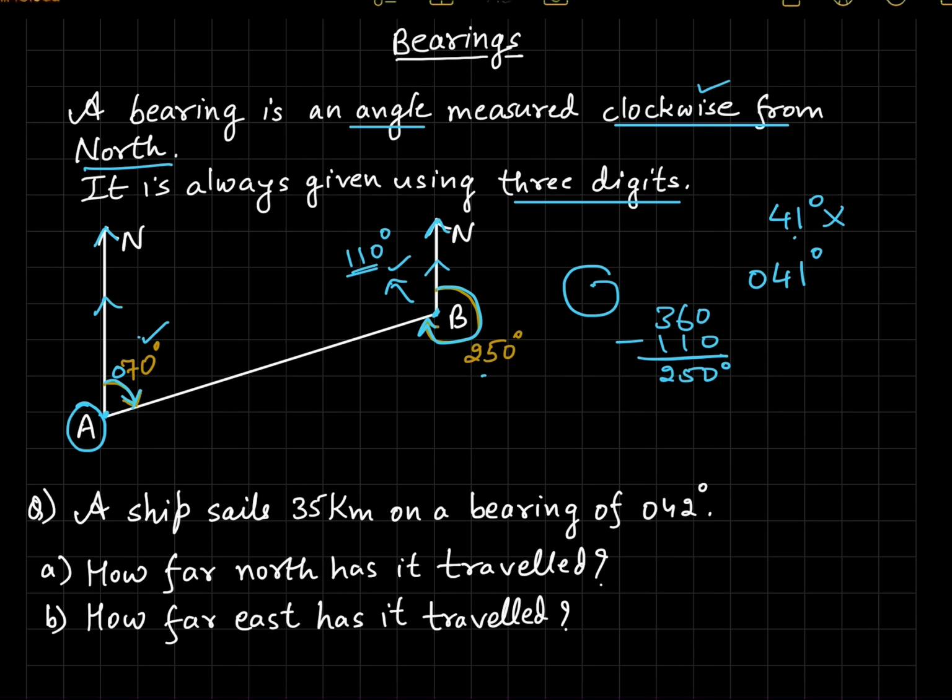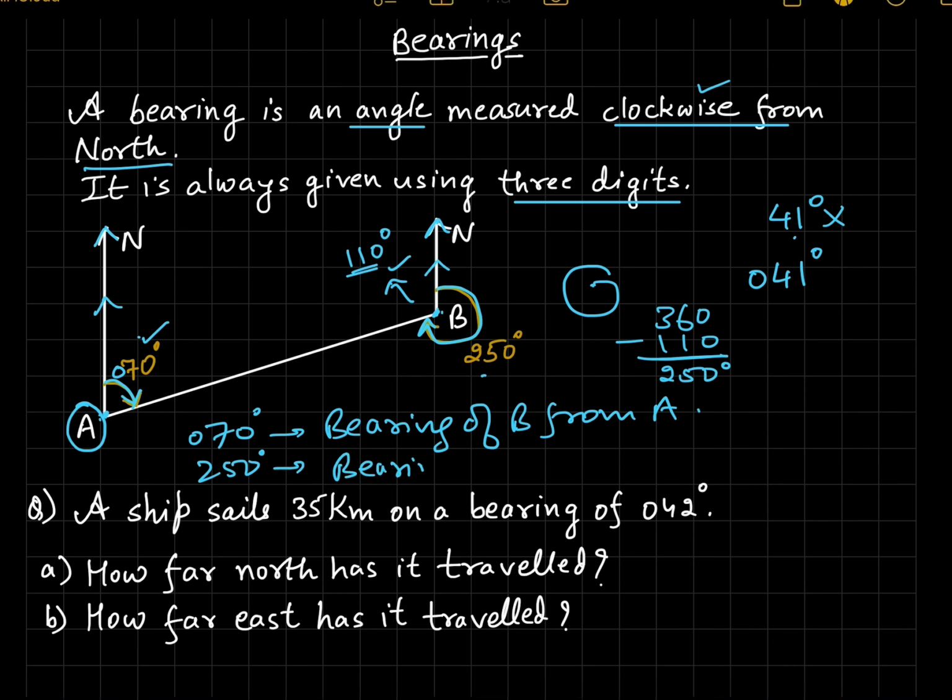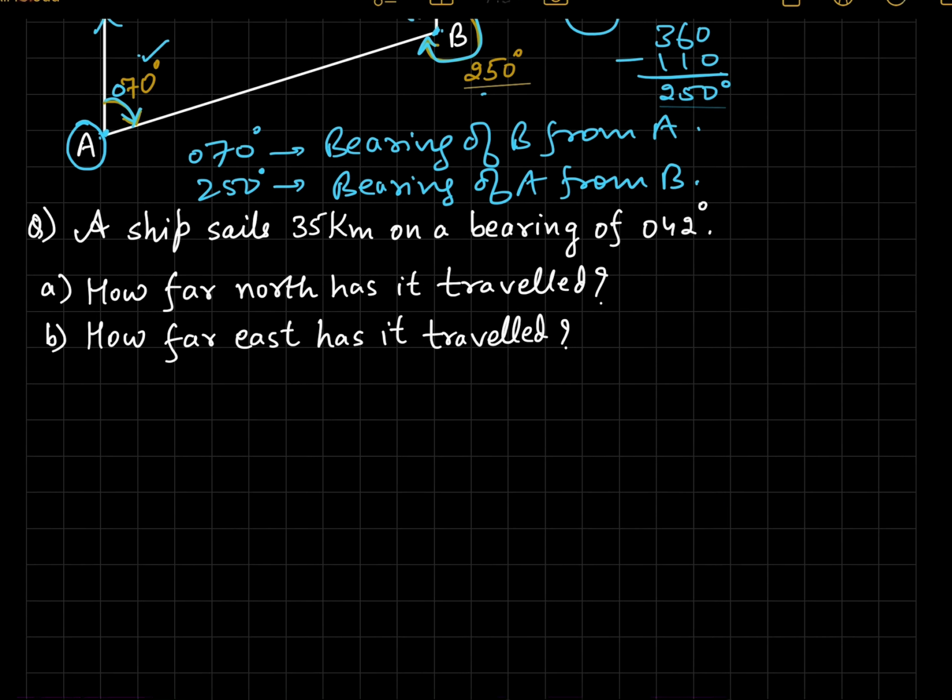So 70 degree is the bearing of B from A, and 250 degree is the bearing of A from B, right? Understood? This way we can use it and calculate the bearing.